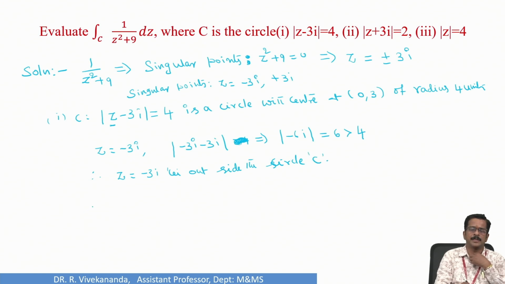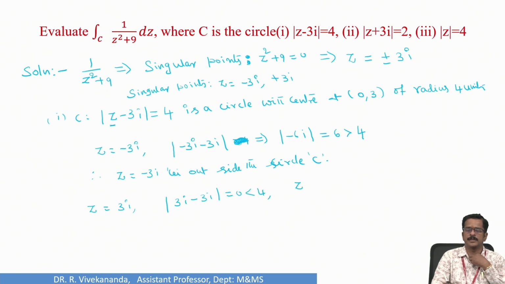Similarly, z equals 3i you take. We evaluated one singular point lying outside. What about z equals 3i? Does it lie inside or outside? You check. Put z equals 3i in modulus of z minus 3i. The value is 0, which is less than 4.